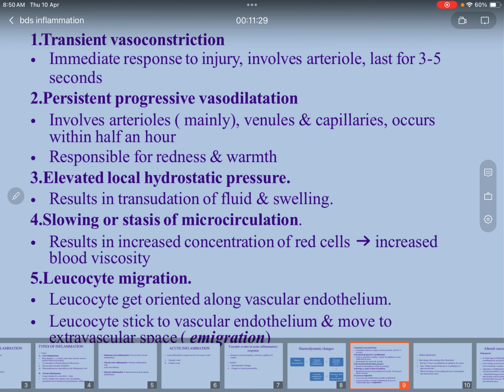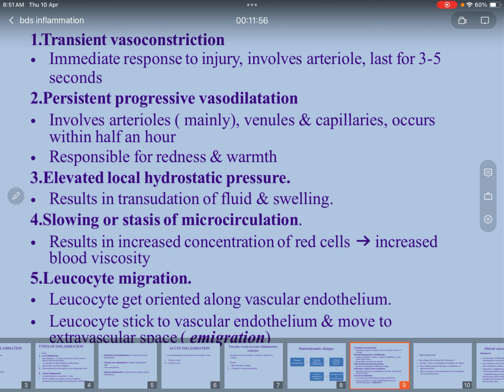1, transient vasoconstriction, which is the immediate response to injury, and it involves arterioles and lasts for 3 to 5 seconds. Then comes persistent progressive vasodilatation, which involves the arterioles mainly, venules and capillaries, and occurs within half an hour and is responsible for redness and warmth.